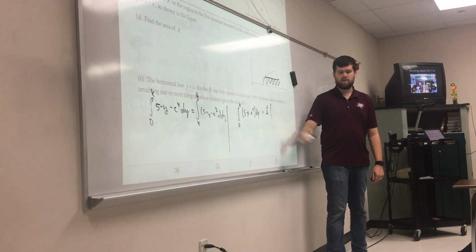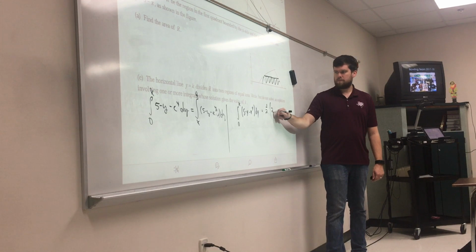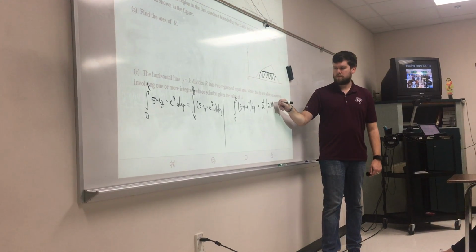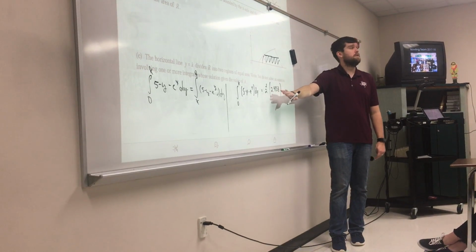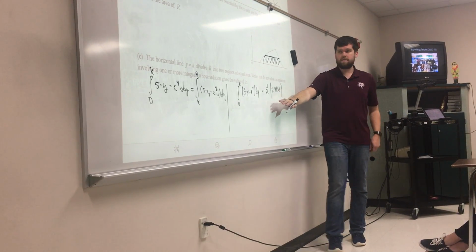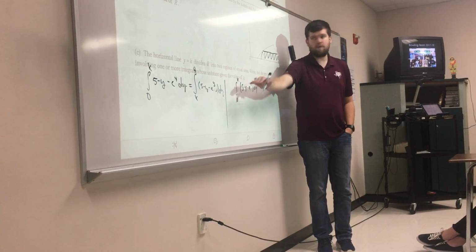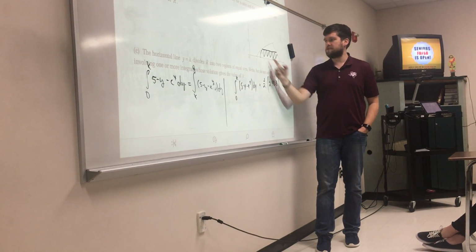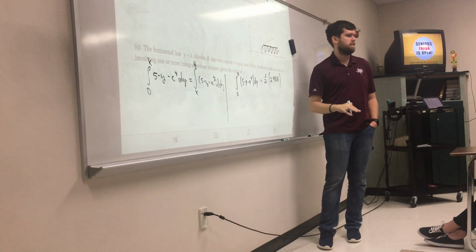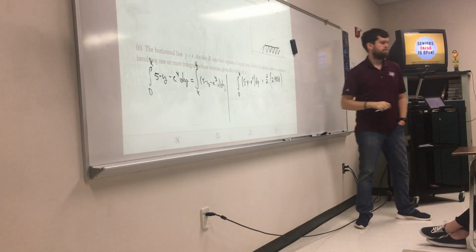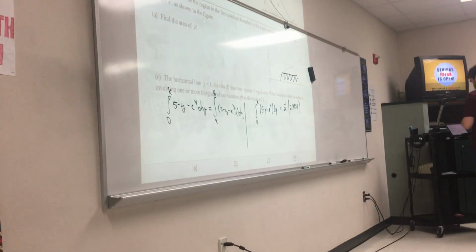So what was our answer in part A? 2.98. Good. Okay, so that's another equally correct way to do the problem, right? Either set up two integrals, one for each of the areas, or just say that one of the areas has to equal half of the area of the entire thing. Okay? All right, on to that.